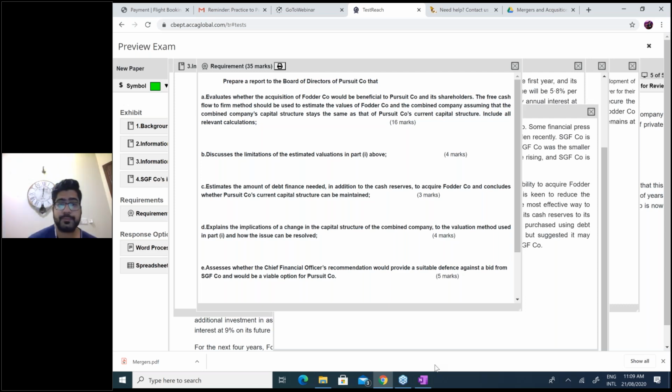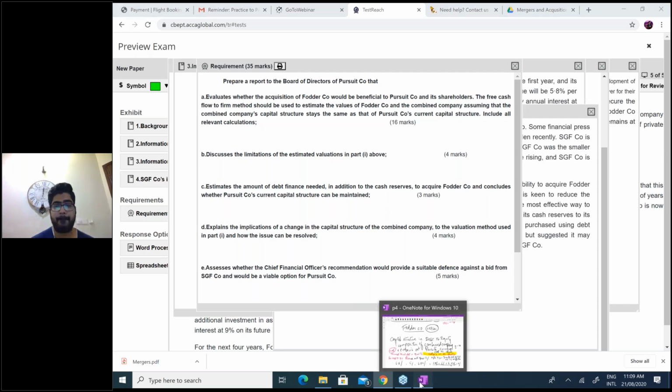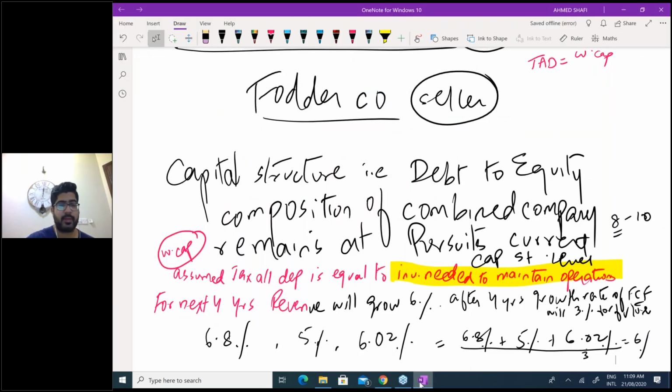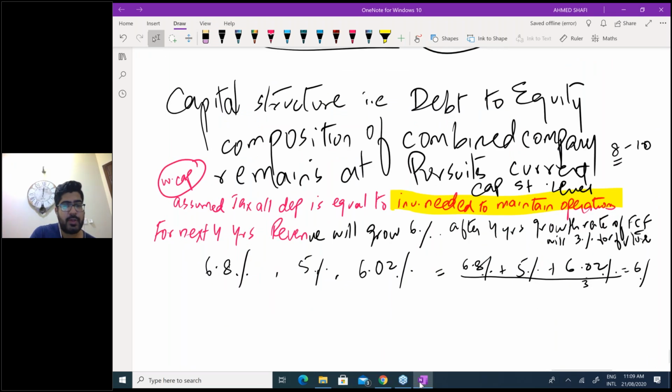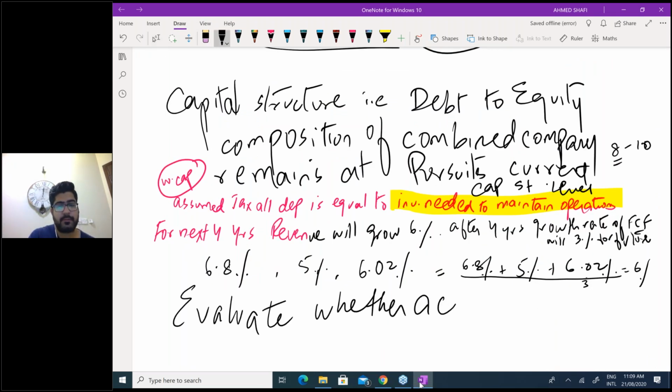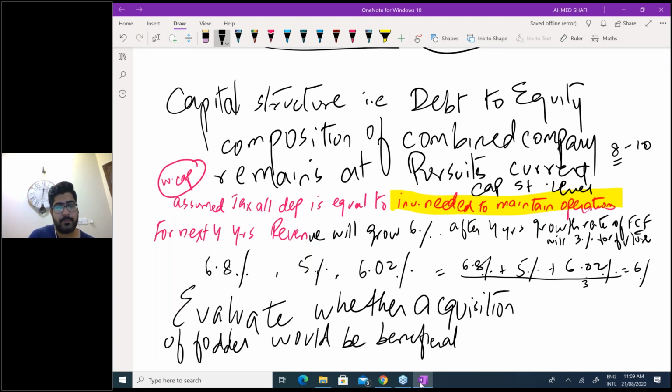So it states, requirement 1, evaluate whether acquisition of Fodder would be beneficial to Pursuit and shareholders.